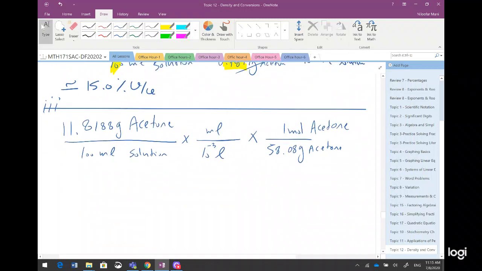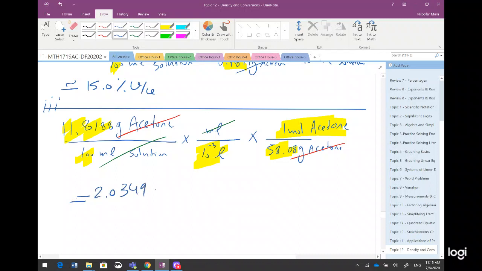Okay, so now what happened here? Gram acetone cancels, milliliter cancels. What is left? Mole and this number, and per liter, and this number, and this number. So it is 2.0349, which is almost 2.03 molarity, capital M. Okay?